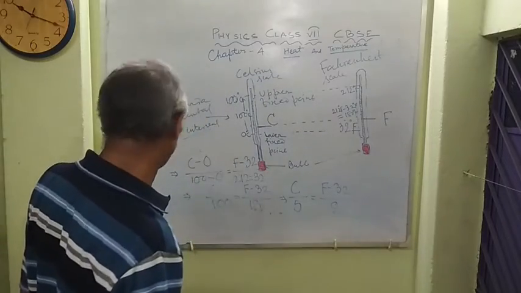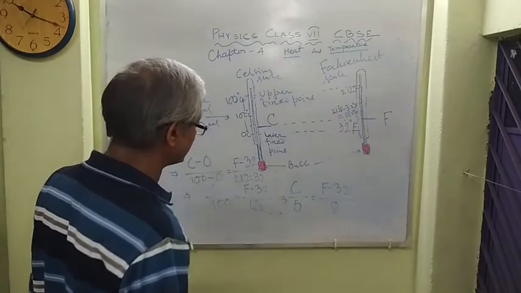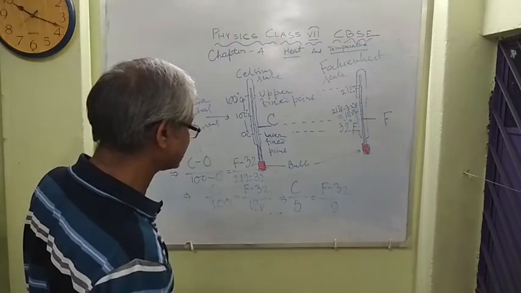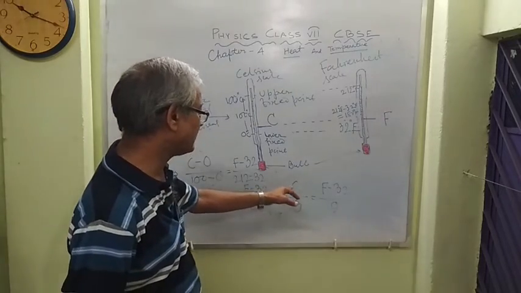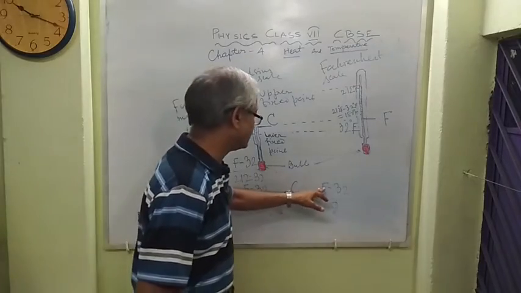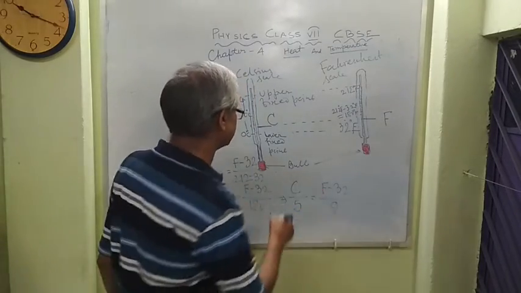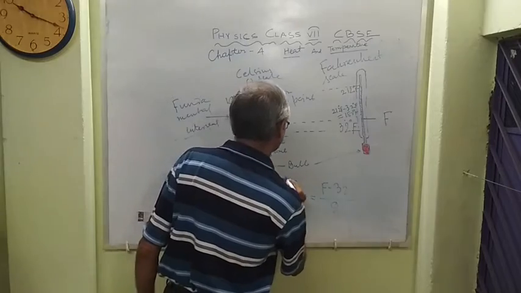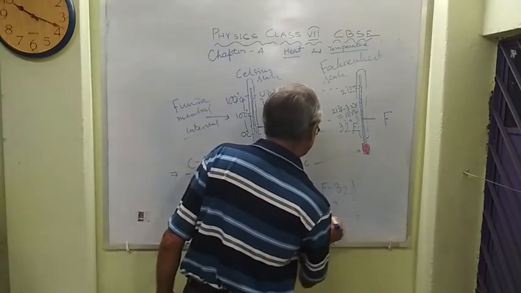Hence, we write here how many Celsius degrees and how many Fahrenheit degrees. This is an important equation we use frequently.